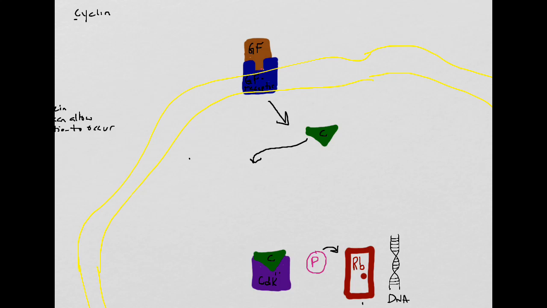And when the door is open, it can go through, and the DNA will be copied. Like that. So you can say that RB controls the cell cycle, that it is a checkpoint protein. It doesn't allow DNA to be copied unless it is phosphorylated.